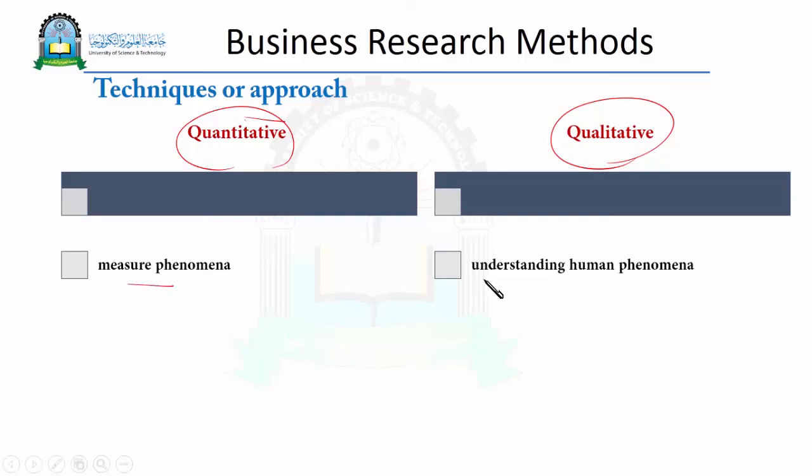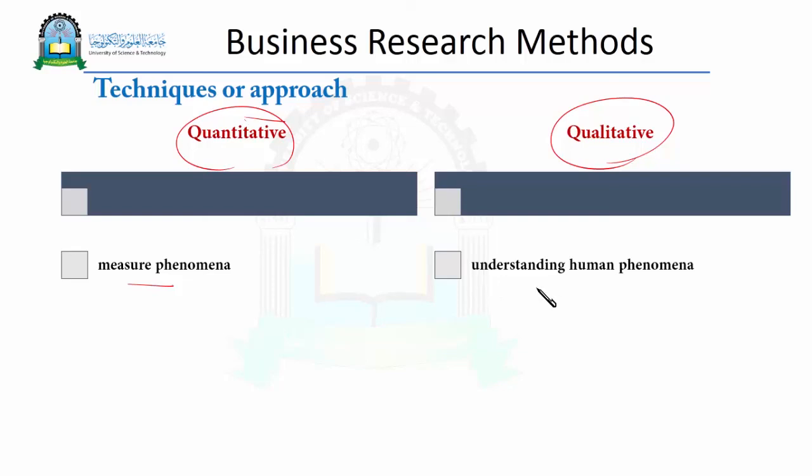That means collecting data and analyzing it using statistical analysis to measure the phenomena. I'm not going to gather or collect opinions or points of view. I'm going to measure the phenomena as it is. Take a real picture of the behavior or the phenomena in the company.